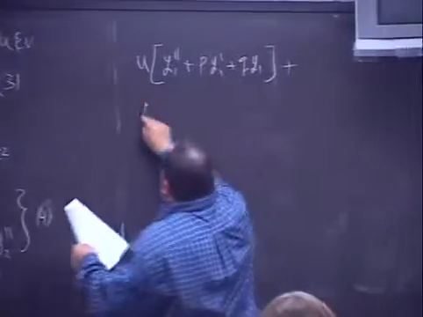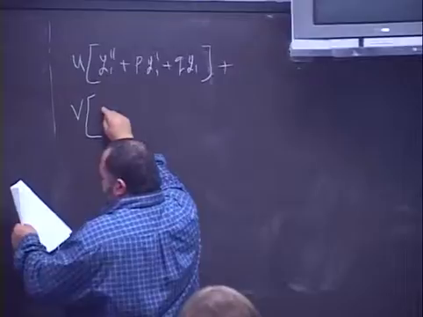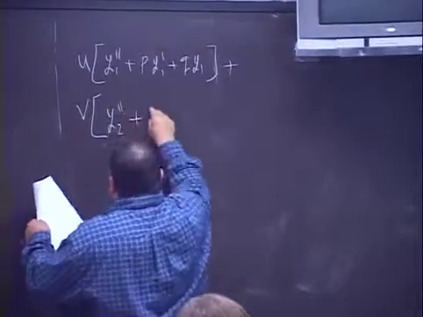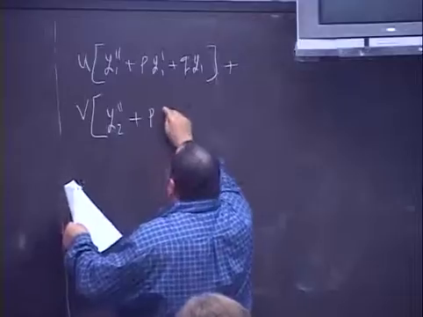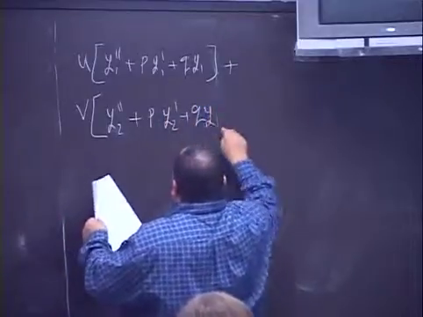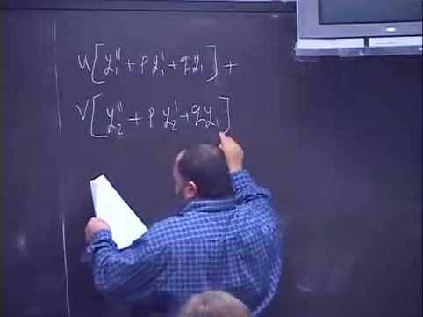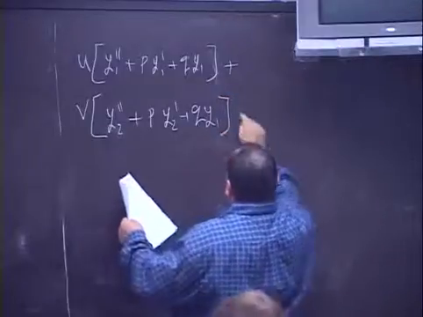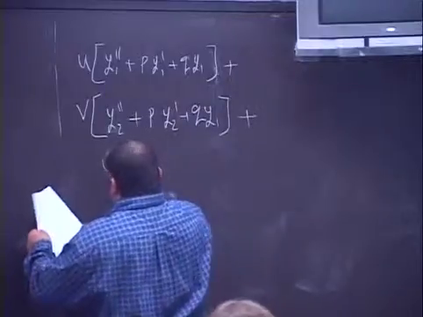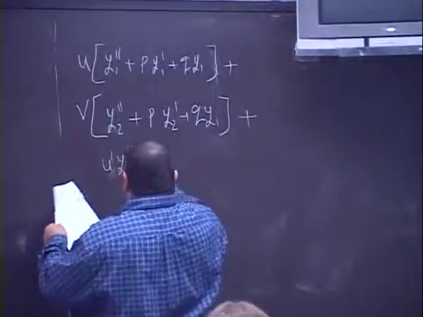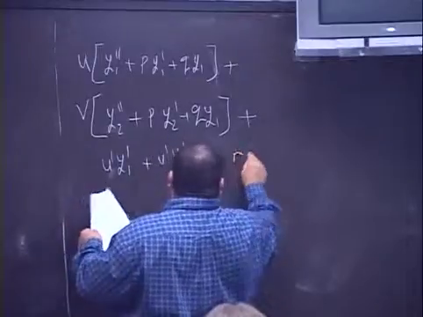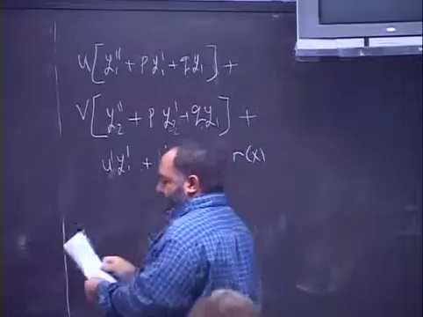Plus v multiplied by the same y2 double prime plus p y2 prime plus q y2, plus u prime y1 prime plus v prime y2 prime equal to r of x.